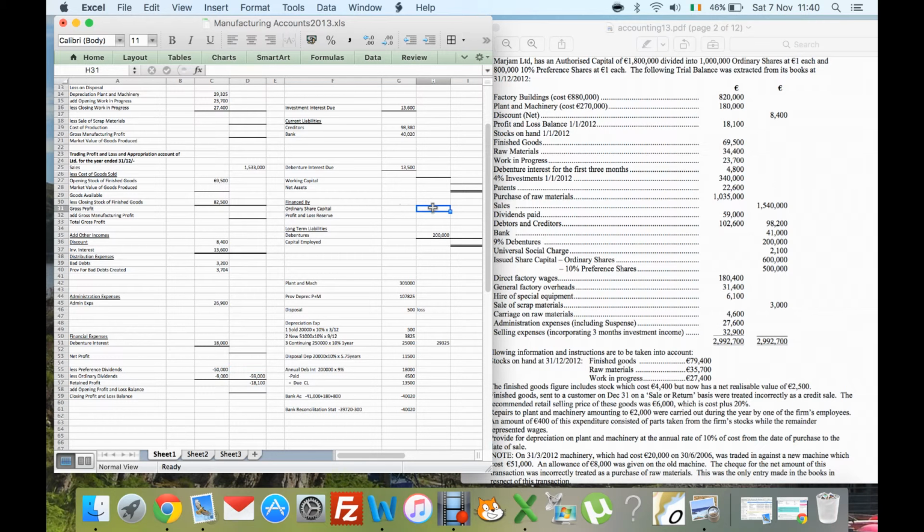So I have ordinary shares 600 and 500. I might as well do my authorized and issued. Top of the question, it says authorized 1.8, so it's 1 million ordinary shares and 800,000 preference shares.